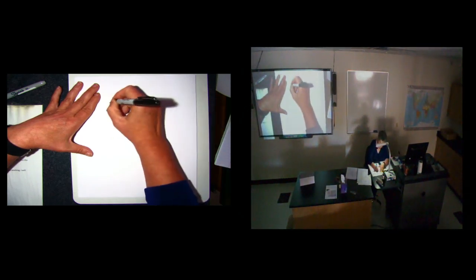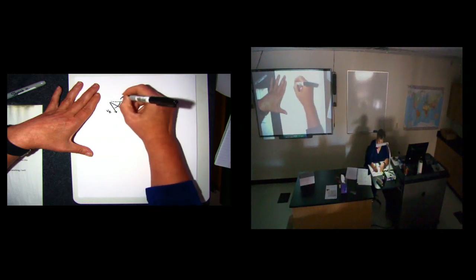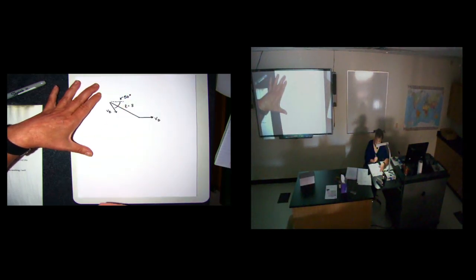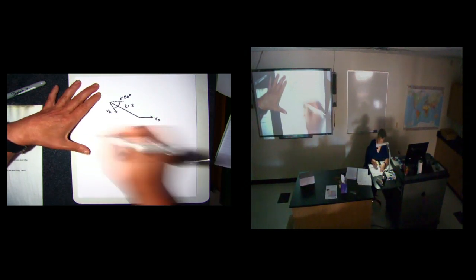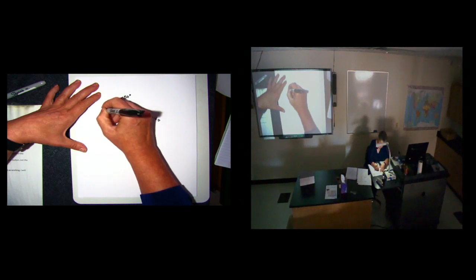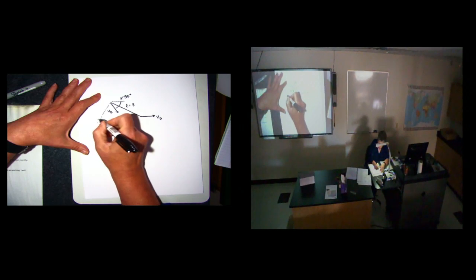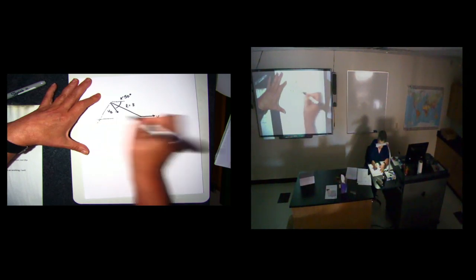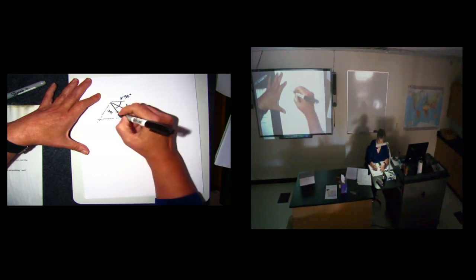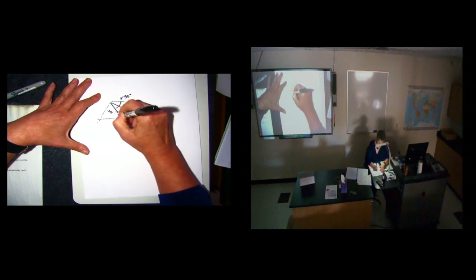If I put in the other part of my diagram that I had before, okay, so now what we've got is a triangle. Okay, we've got a triangle in our system. We know that this is 40 degrees, right?